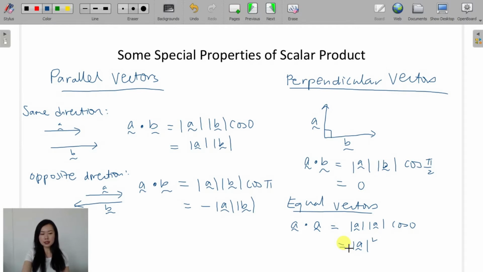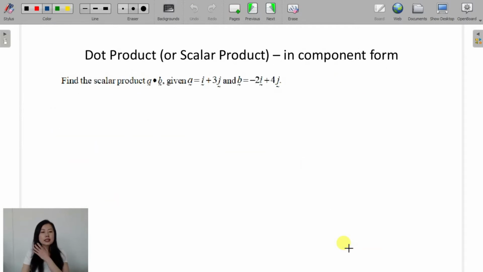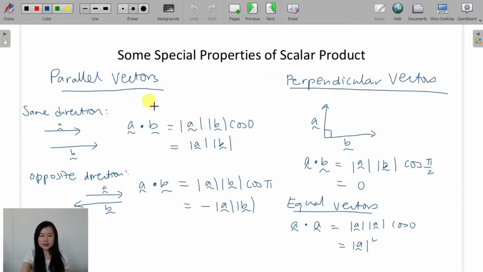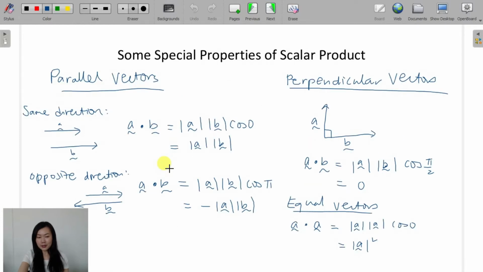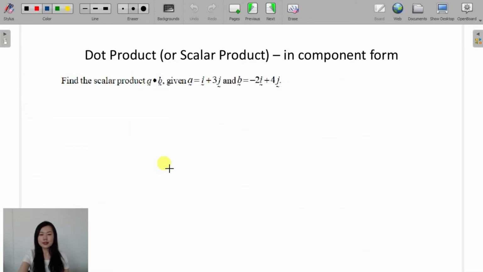All right, so let's have a look at an example in component form. So far this is sort of done knowing the length of the vectors and the angle in between the vectors. Now you might not always know that, and you don't want to have to work it out every time. So there is another way to do it, and that is to do it in component form.